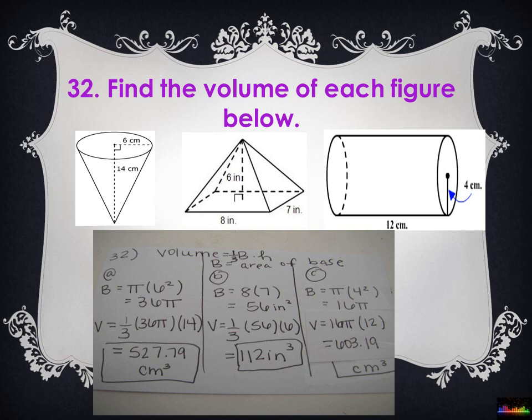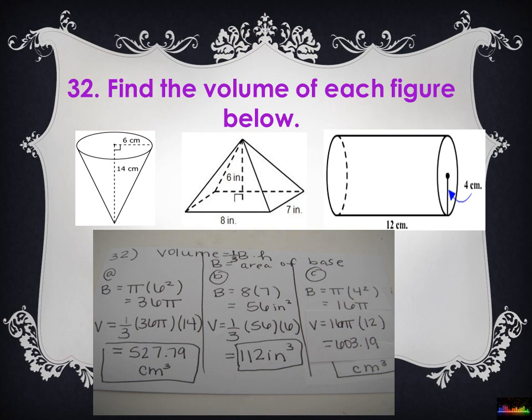Part C, or our third picture, is a cylinder. The volume for a cylinder is big B times height. You do not multiply by 1/3 for a cylinder. So big B is pi r squared because our base is a circle. So for this problem, our big B equals 16 pi.